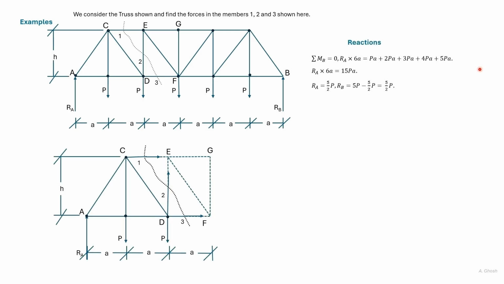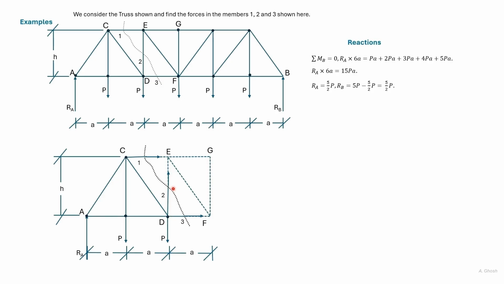We isolate the left portion and consider its equilibrium. So we know all the external forces acting on the left portion, and we find the forces in the three bars. As we can see, we need to find one vertical force and two horizontal forces.